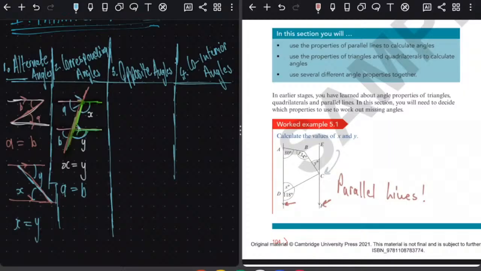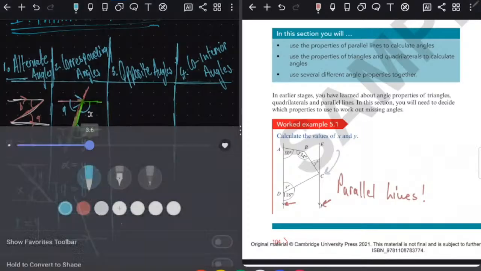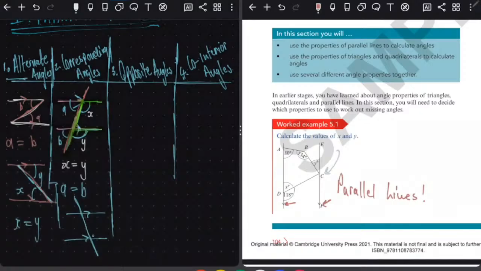Are we together? Like if we do this, you can take this one and this one. They are part of your F, okay?